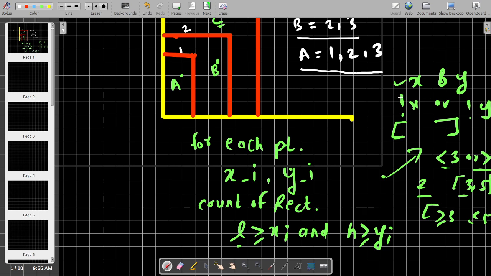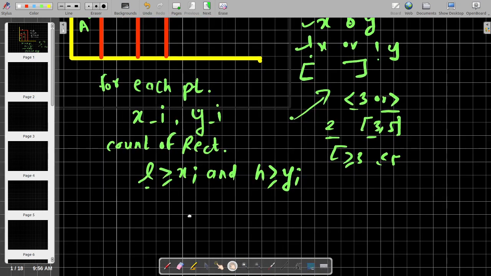For a 2D range it is the same thing, except the bottommost rectangle coordinate is 0, 0 and all the coordinates are greater than or equal to 0, so we don't have to check the left condition, we just have to check the right condition, whether it is lying or not.